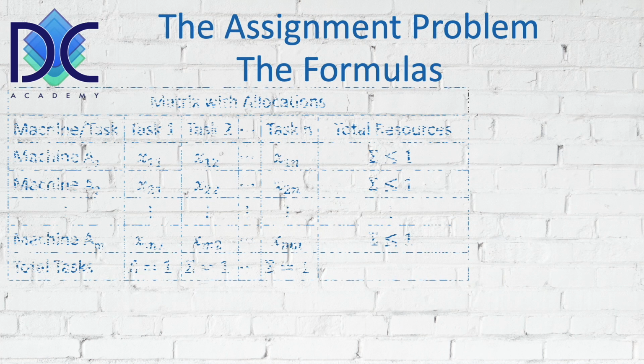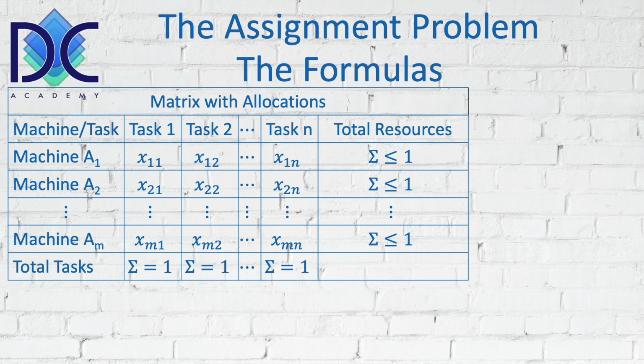What are the formulas? Let's have a look at the formulas here. When I look at the total of the resources, I just simplify the expressions a little bit. So when I look at the row, the sum of those allocations has to be smaller than or equal to 1. And for the total tasks, it has to be equal to 1.